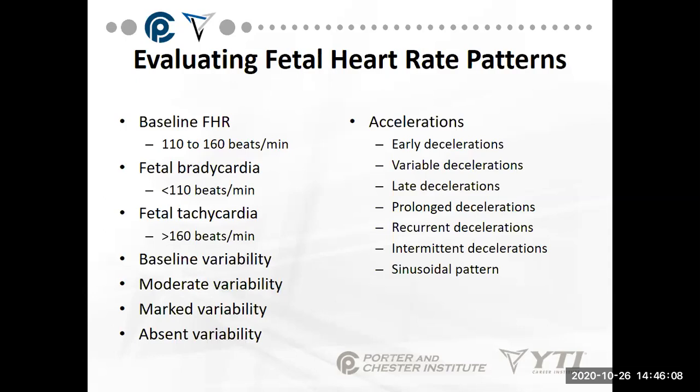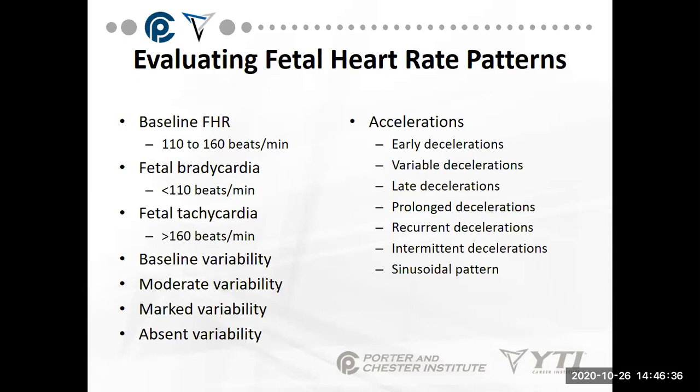The baseline fetal heart rate is the average fetal heart rate that occurs for at least 2 minutes during a 10-minute period and is averaged over 30 minutes. It is assessed while there are no uterine contractions. The baseline fetal heart rate should be between 110 to 160 beats per minute for at least a 2-minute period.